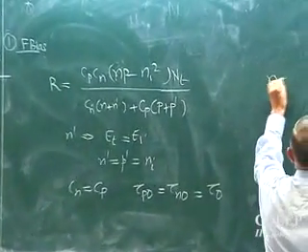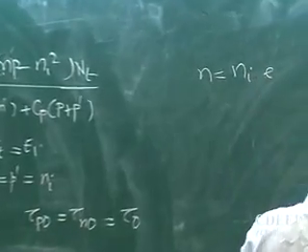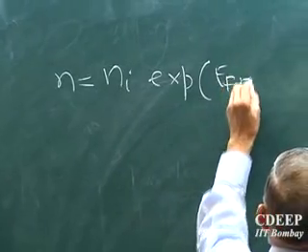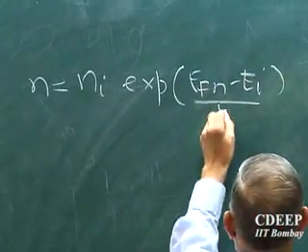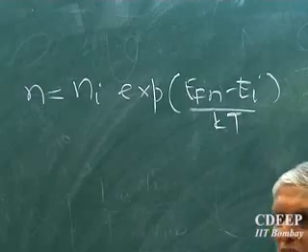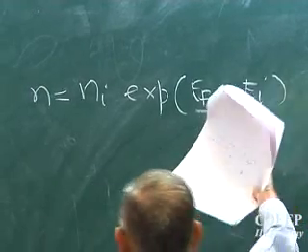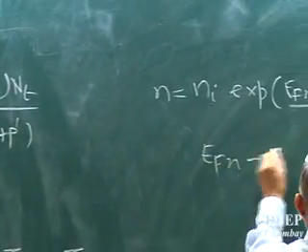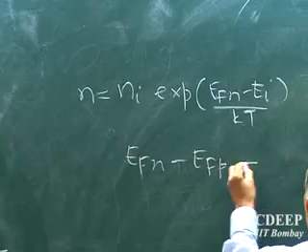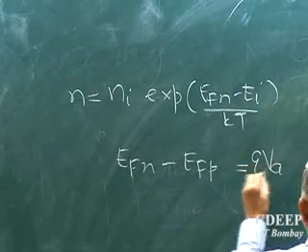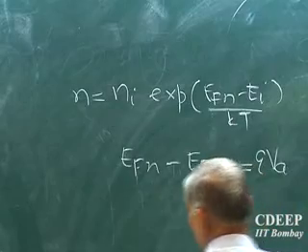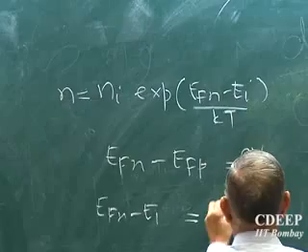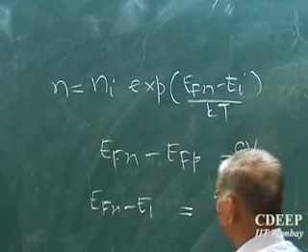We also know, as I said, n is equal to ni e to the power, what is the Boltzmann relation, exponential of EFn minus Ei by kT, and by similar logic one can write for p. Substitute this relation here, and also write EFn minus EFp is equal to qVa, and half of that, EFn minus Ei, is therefore qVa by 2.